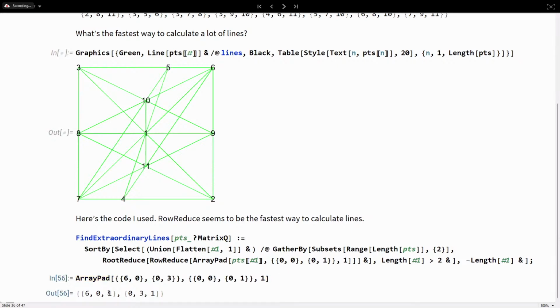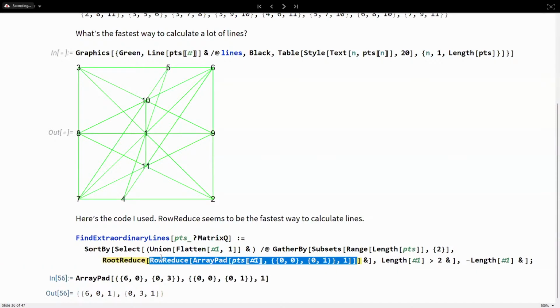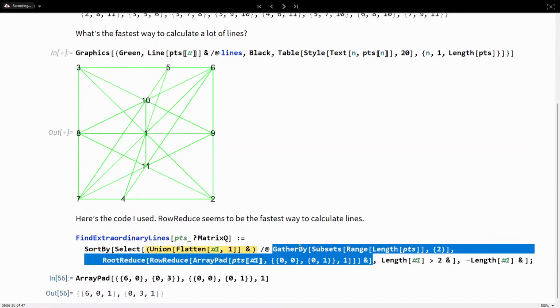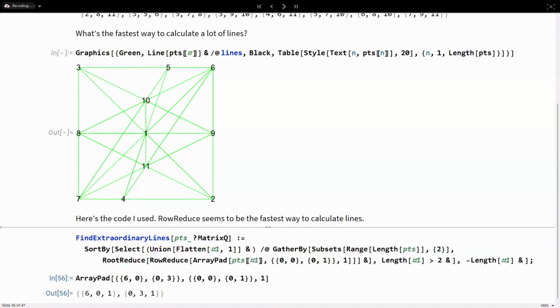If we basically append ones at the end and then do a row reduction, we get a very fast representation for it as a line. And when we gather all those up, the points that have the same line representation as a row reduction are on the same line. And this works for any dimension as well.